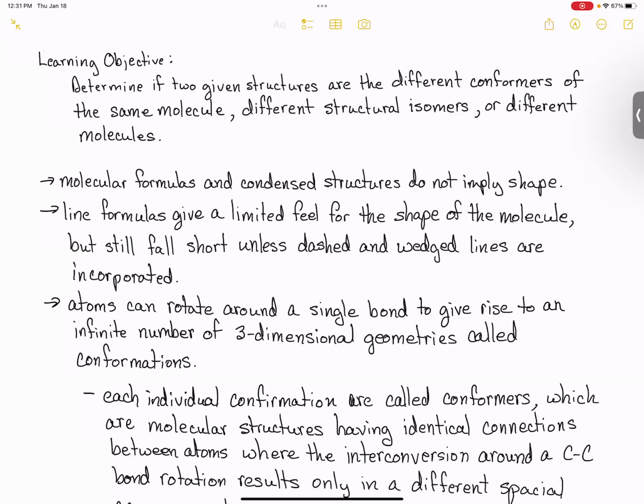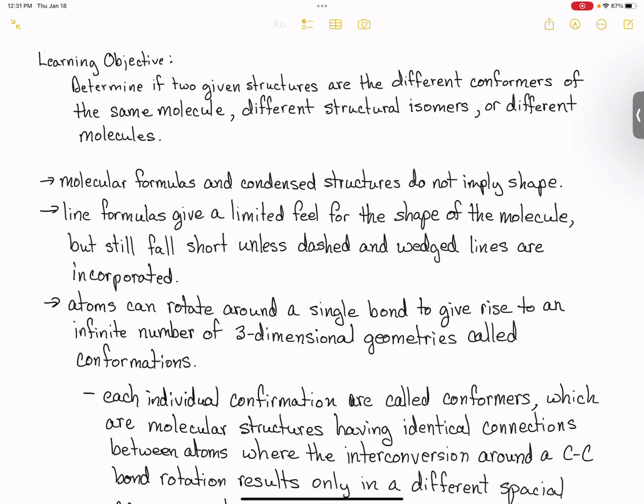Because once you start thinking about 3D structure, then you can see how the atoms can rotate around a single bond. And as these atoms rotate around a single bond, they can give rise to an infinite number of three-dimensional geometries called conformations.